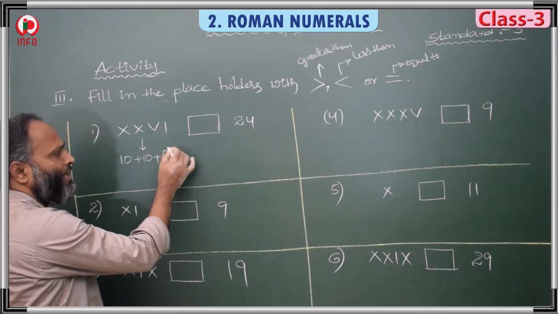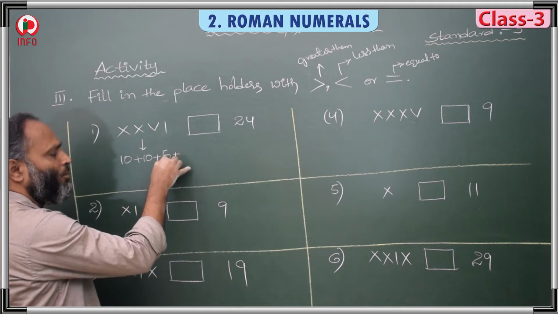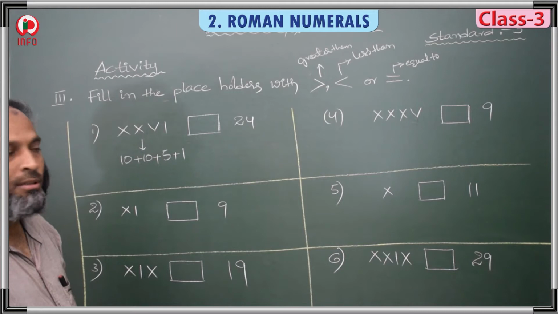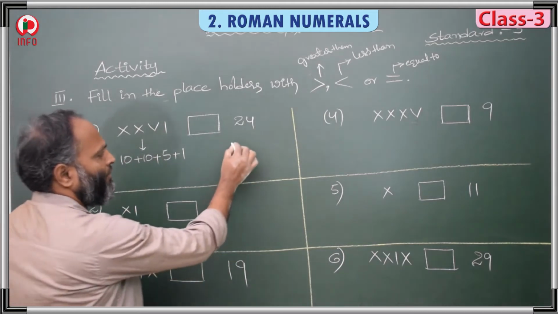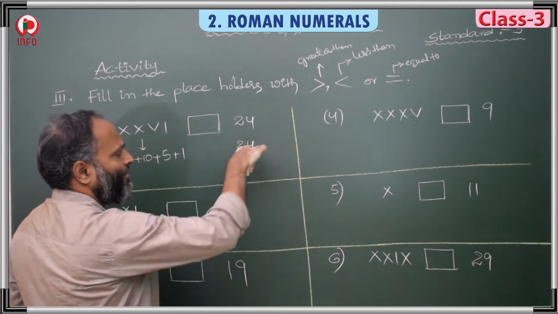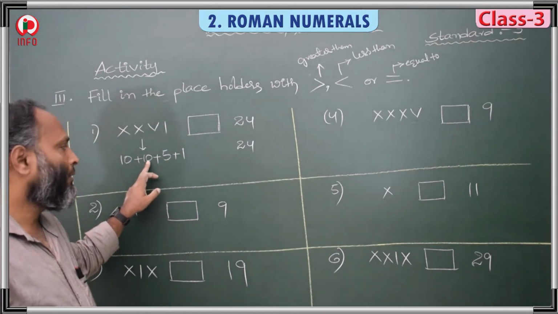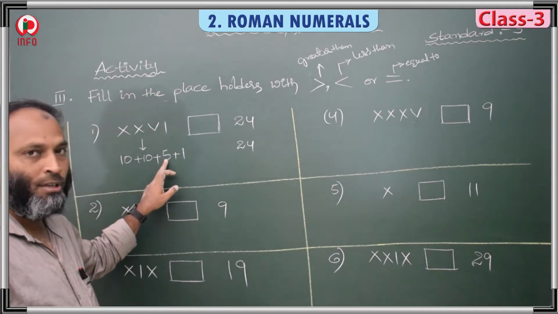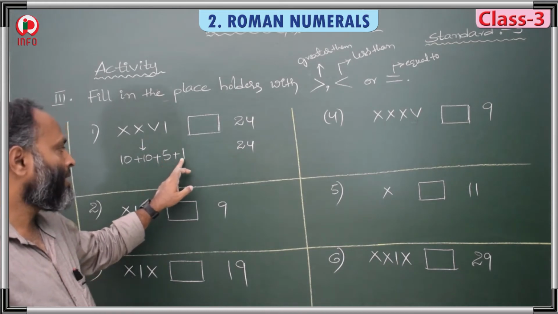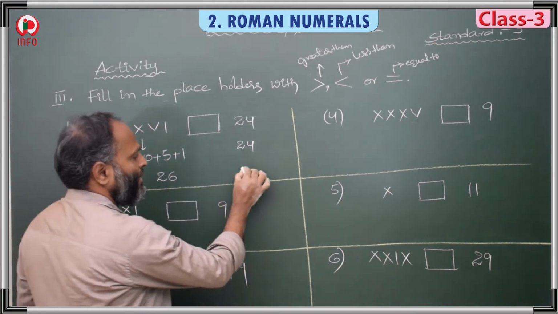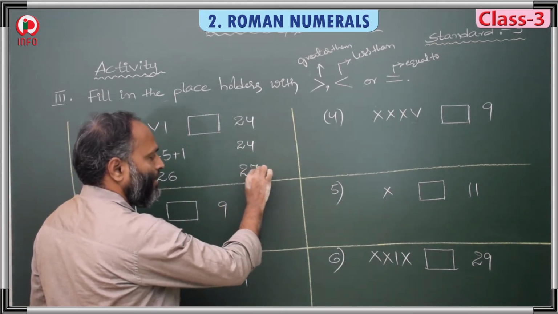And after that 1 is there. 1 is smaller than this 5, so addition: plus 1. And this 24, take as it is. 10 plus 10, 20. 20 plus 5, 25. 25 plus 1, 26. This is 26 and this is 24.